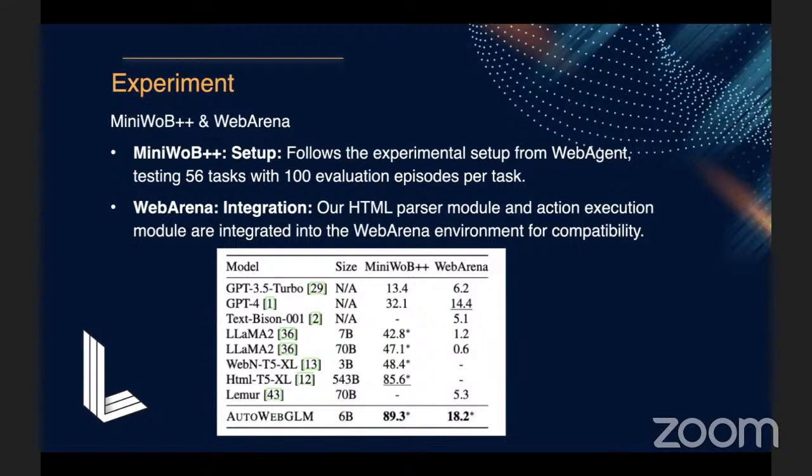The size is also very much comparable to all these models like Lemur and HTML-T5-XL. And HTML-T5-XL is only used by WebAgent and WebN-T5. So basically, the AutoWebGLM model outperforms the previous benchmarks presented in these navigating agent marks.